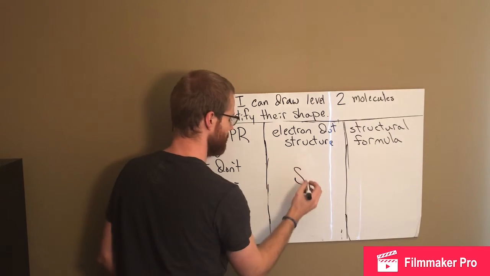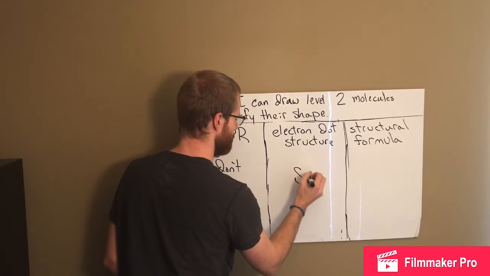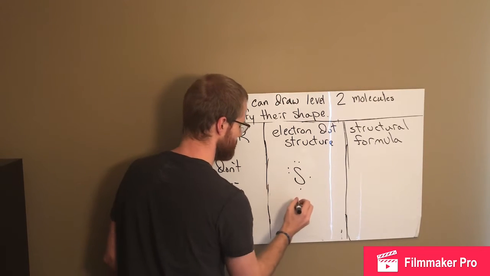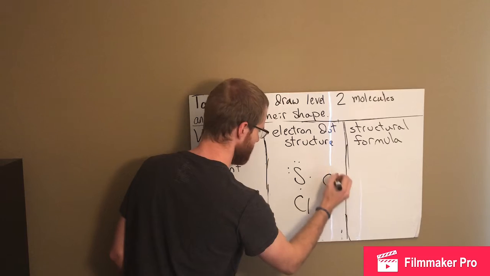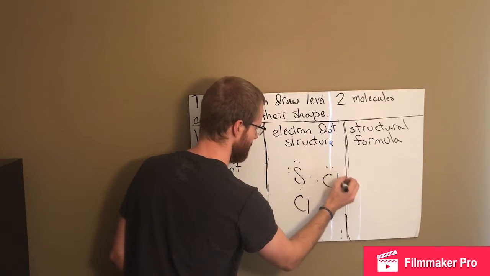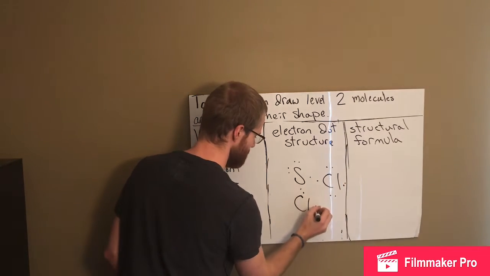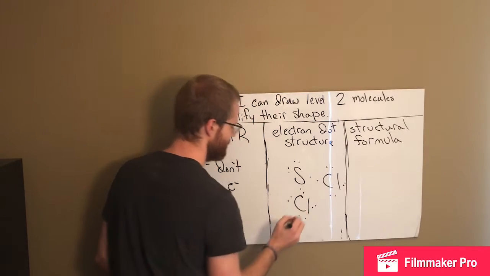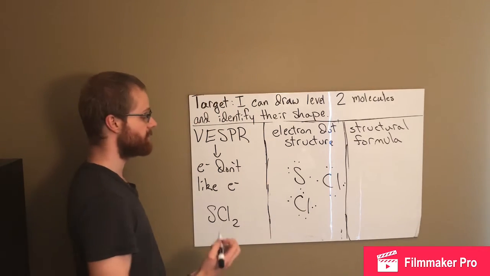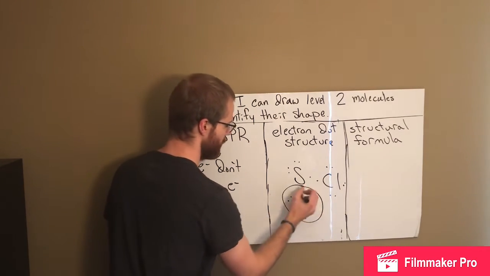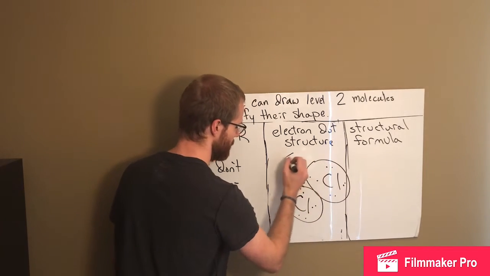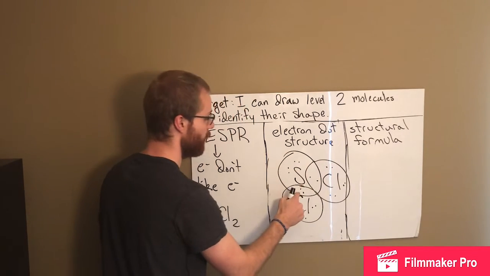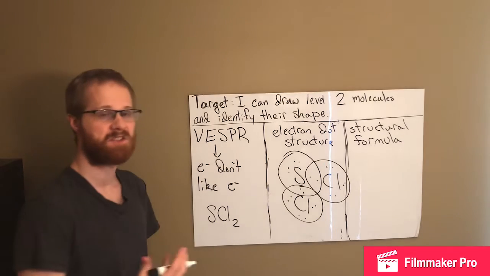We've got a central sulfur atom: 1, 2, 3, 4, 5, 6. Chlorine, chlorine: 1, 2, 3, 4, 5, 6, 7, and 1, 2, 3, 4, 5, 6, 7. There we go. All right. So sulfur is going to form some single bonds with chlorine, like so. We're sharing 1 pair of valence electrons, a single bond.